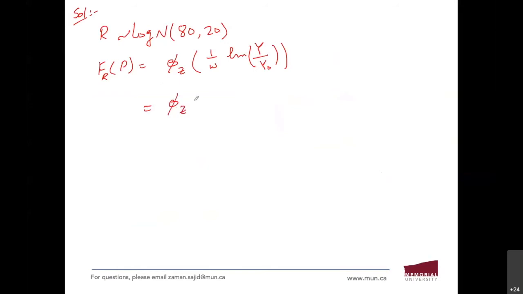Because this y is basically P, I can say this will be 1 over w natural log of y over y naught.